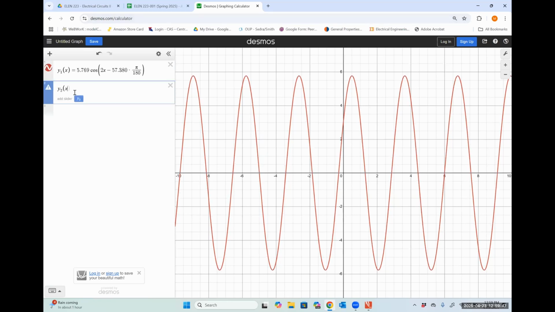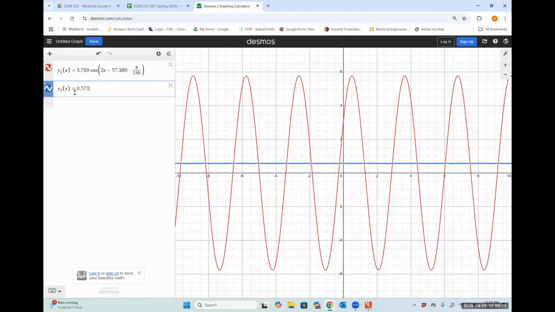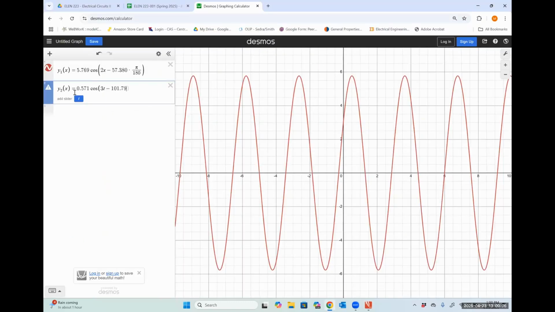My second signal was 0.571 cosine 3t minus 101.793, thank you, multiplied by pi over 180.